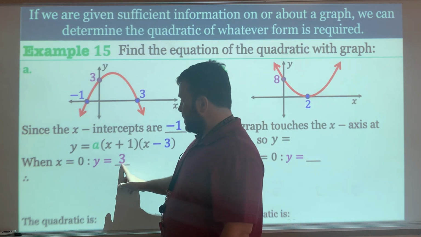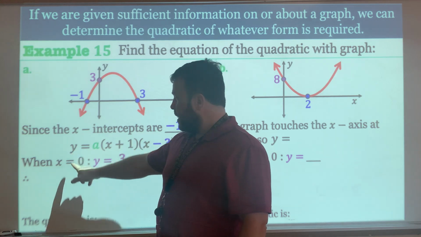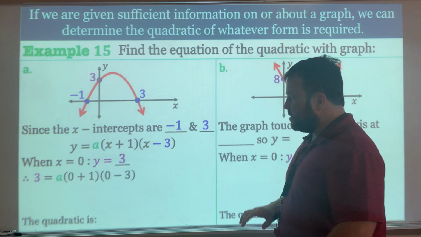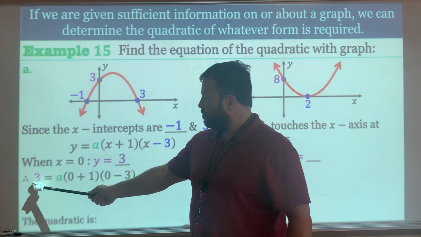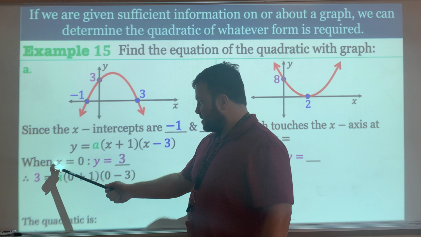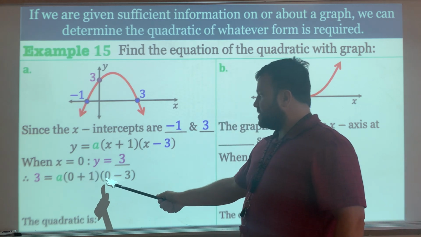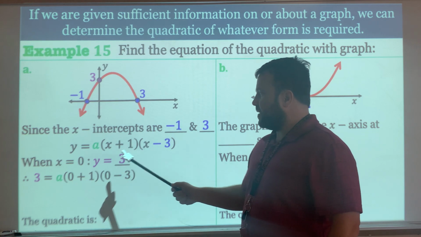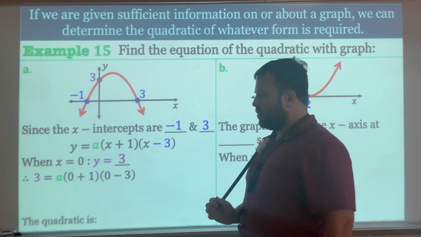I can take this 3 and plug it in for y, and take x equals 0 and plug it in for both x's.